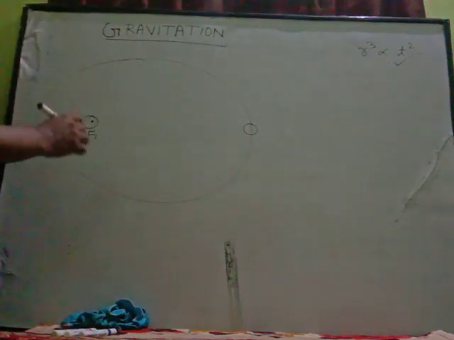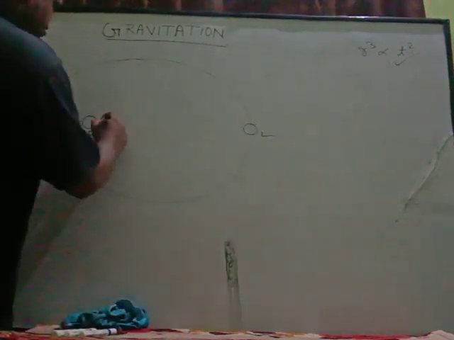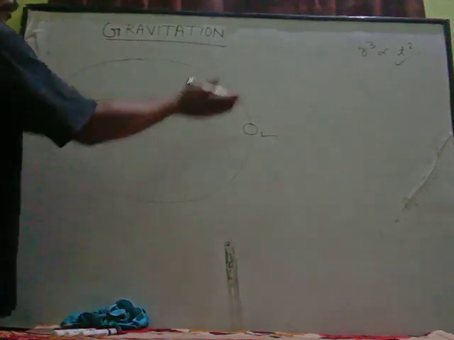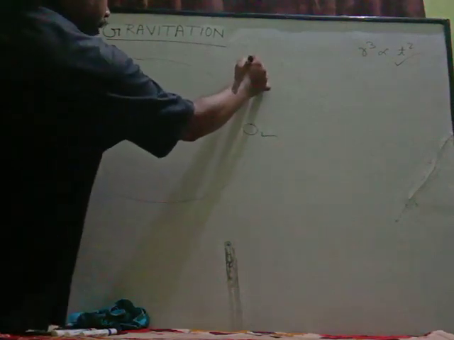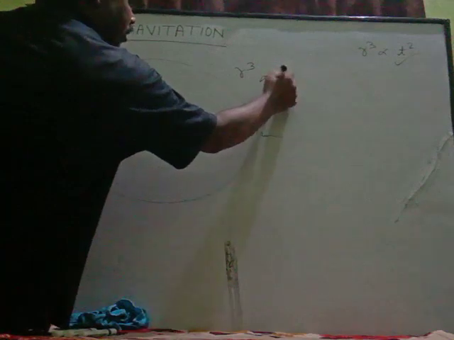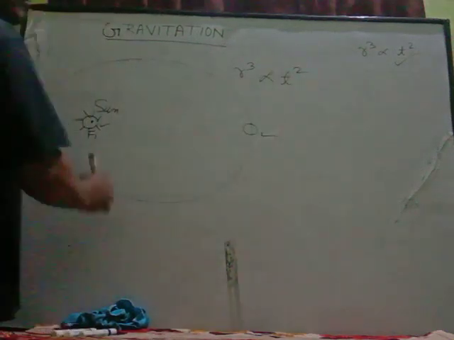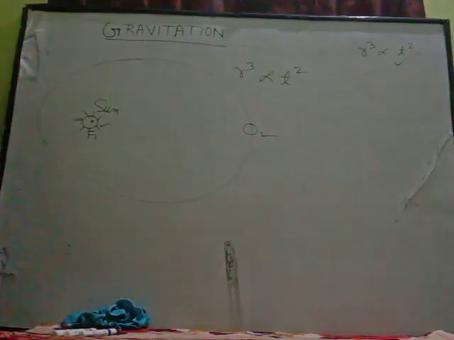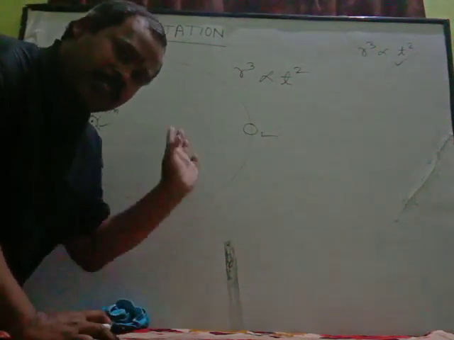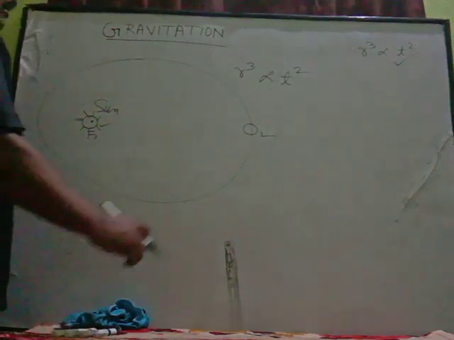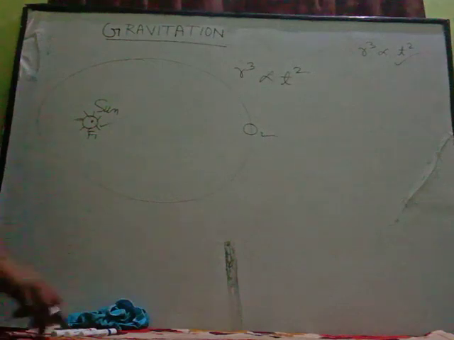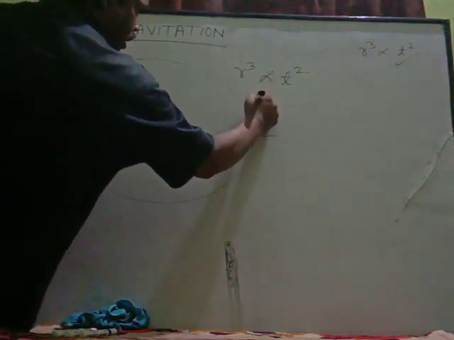So the cube of the average distance of the planet with respect to the sun becomes directly proportional to the square of the time period. Time period means to complete one revolution around its star. And it is true for other planets also with respect to their star.